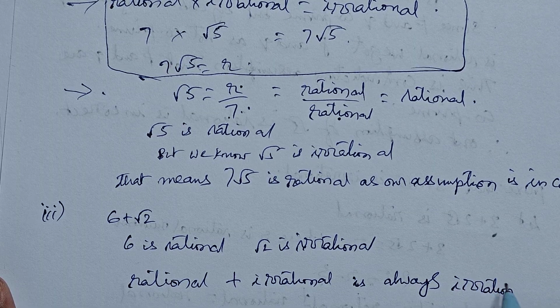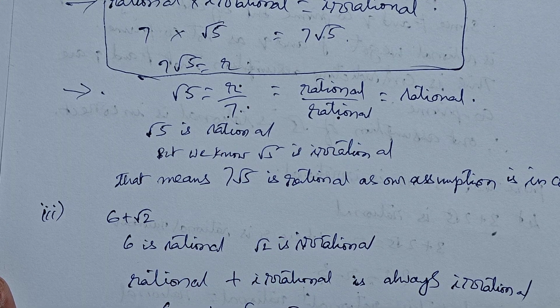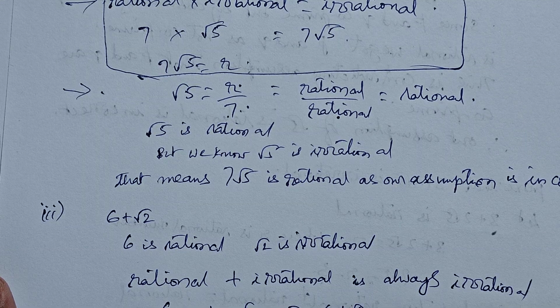So here 6 is rational and root 2 is irrational, so 6 plus root 2 is irrational. There is no ambiguity in this.